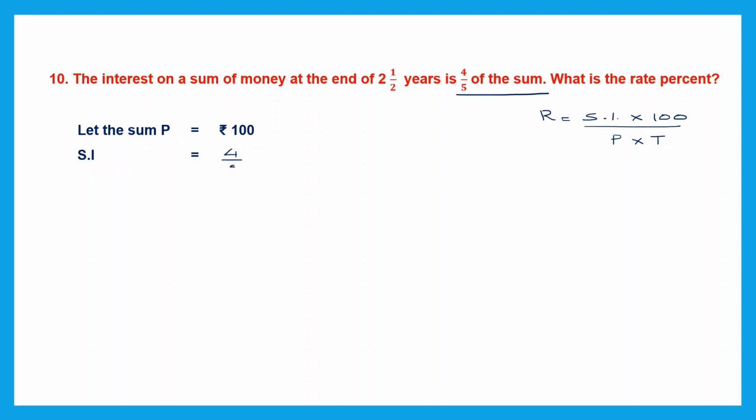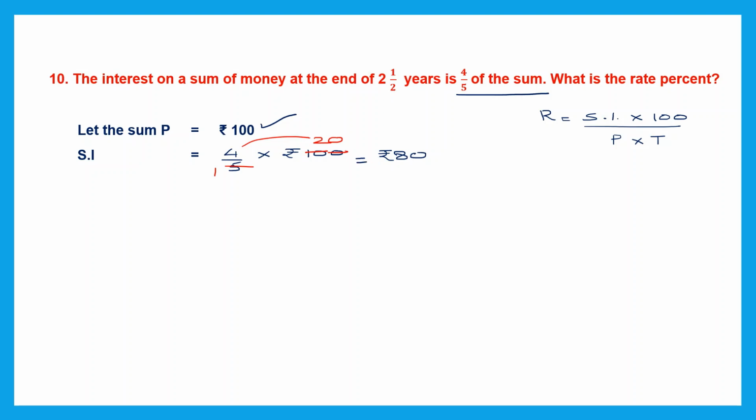That means 4 by 5 of means into the sum, which is this 100 rupees. 4/5 of 100 rupees is the simple interest. So here let's cancel. I can cancel 5 and 100. 5 ones are 5, 5 twos are 10 and add the 0. 5 into 20 is 100. Now multiply the numerators. 4 into 20. 4 twos are 8 and then 0. So simple interest is 80 rupees.